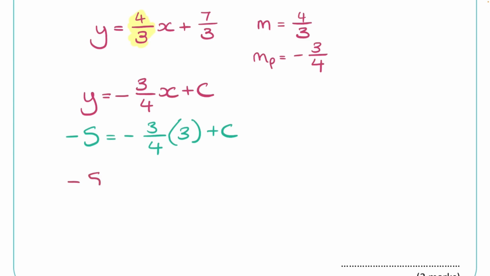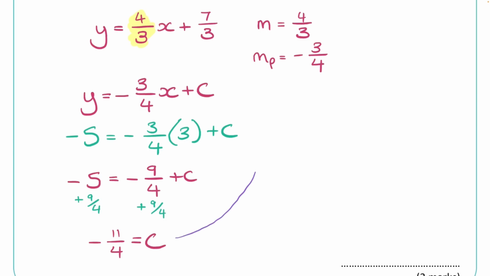So we have -5 is equal to -3/4 times 3 is -9/4. You can just do that on the calculator, plus c. We can then add 9/4 to the other side, and again you can just type into your calculator -5 plus 9/4. If we add that to both sides, we get our value of c. If we leave it as a fraction, we get -11/4 is equal to c.